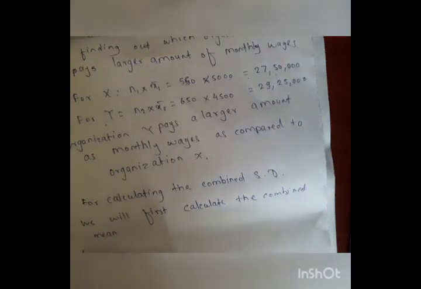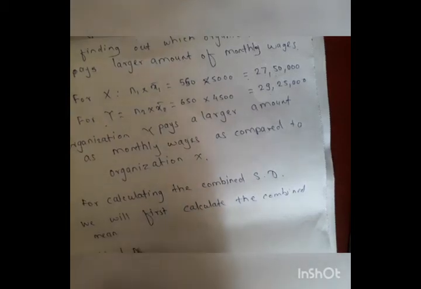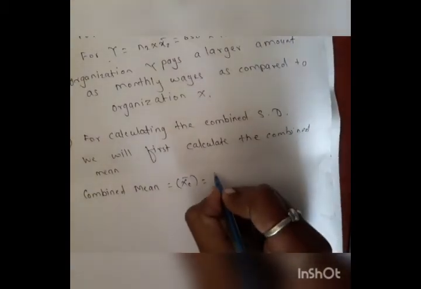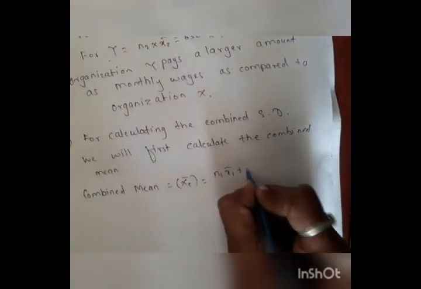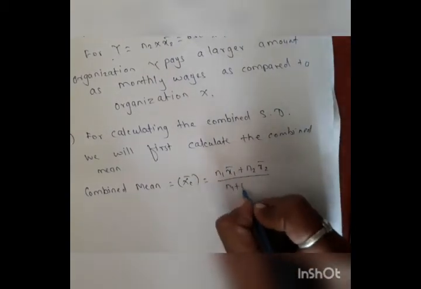The combined mean xc bar is equal to n1 x1 bar plus n2 x2 bar divided by n1 plus n2.